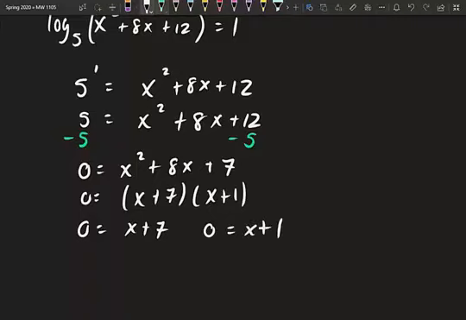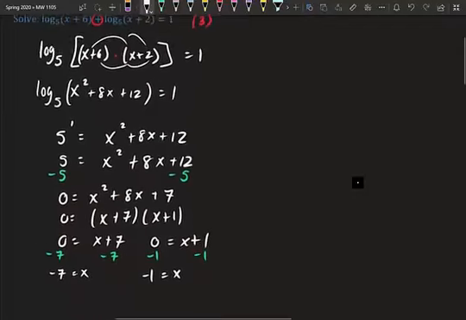We subtract 7 from both sides, so we have negative 7 equals x. And then we subtract 1 from both sides to get negative 1 equals x. So those are our proposed solutions.